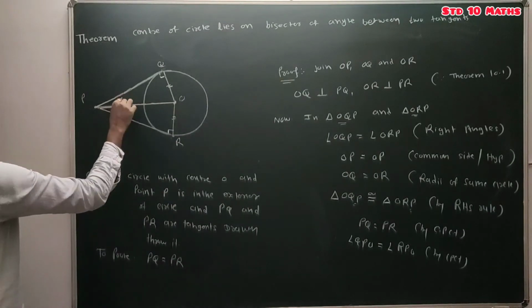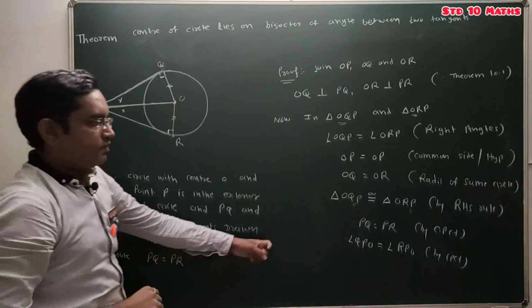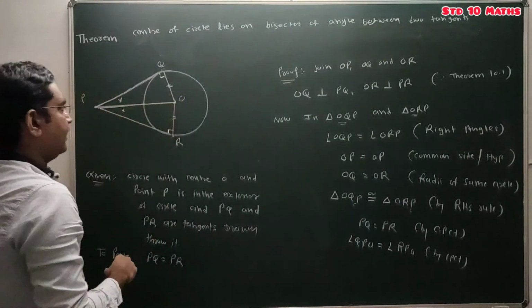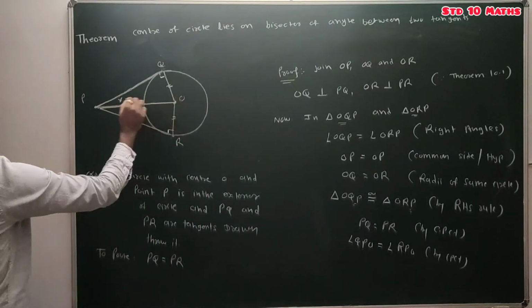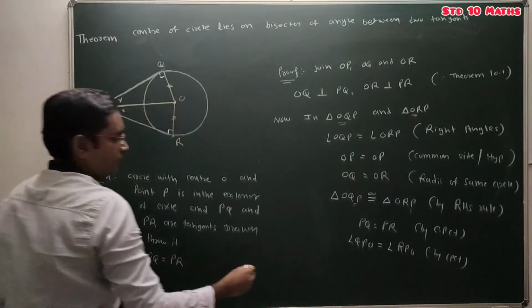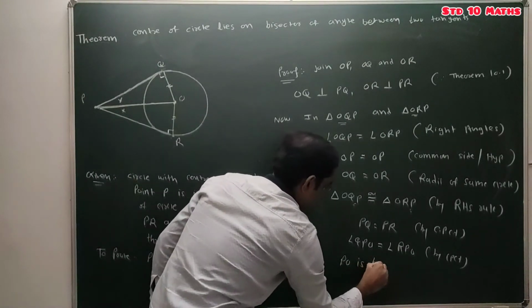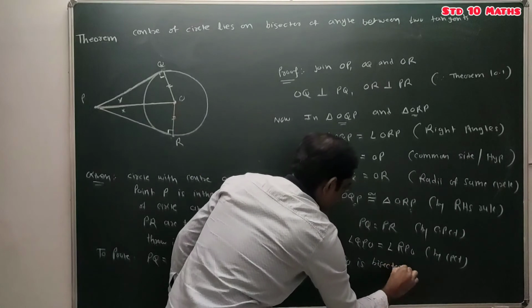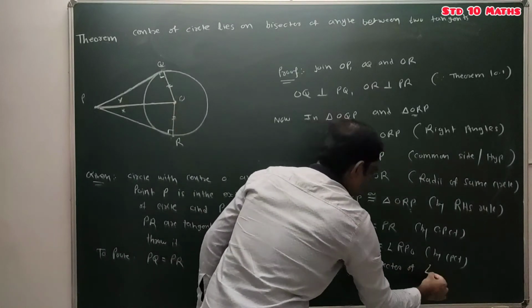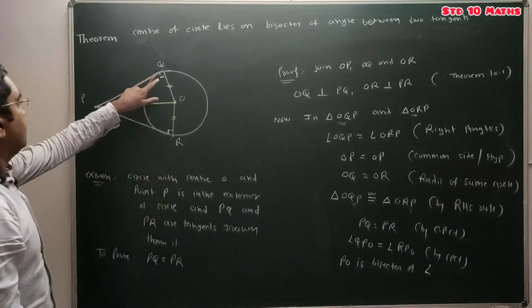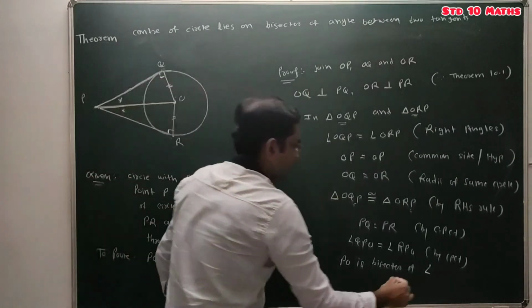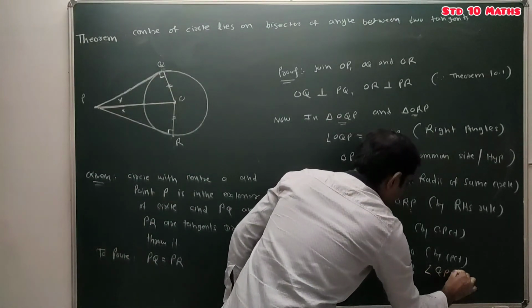So these two corresponding angles are equal from this result, and hence we can say that OP, or you can say PO, is the bisector of angle QPR. Bisector of angle QPR.